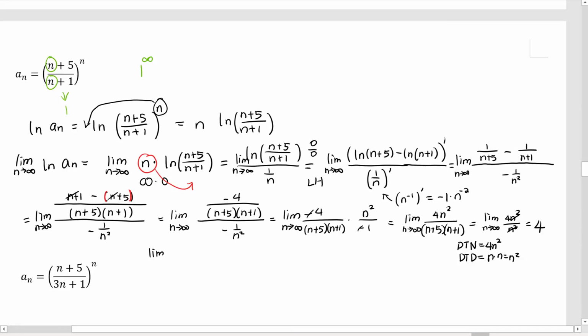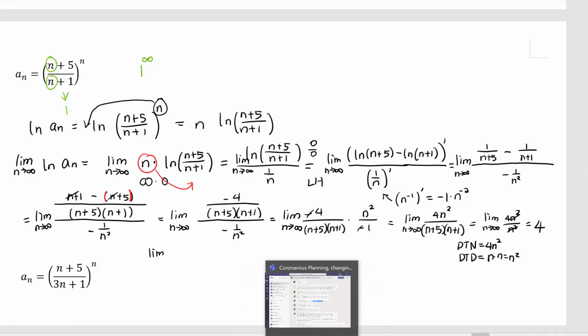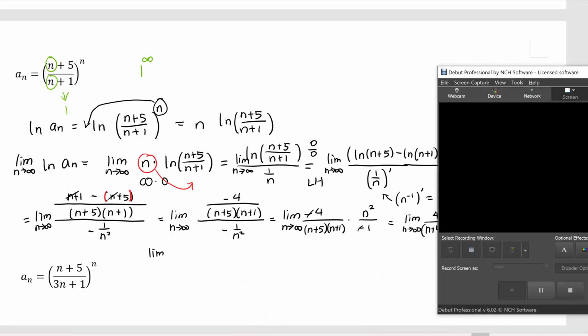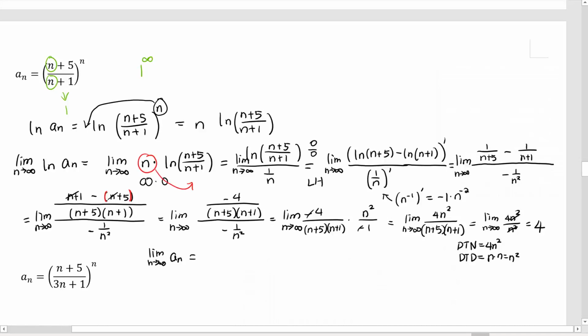Let me see. Alright, so a sub n is like the limit of e to the ln of a sub n, right? E and natural log cancel, we just get a sub n. But now, what is the limit of ln of a sub n?